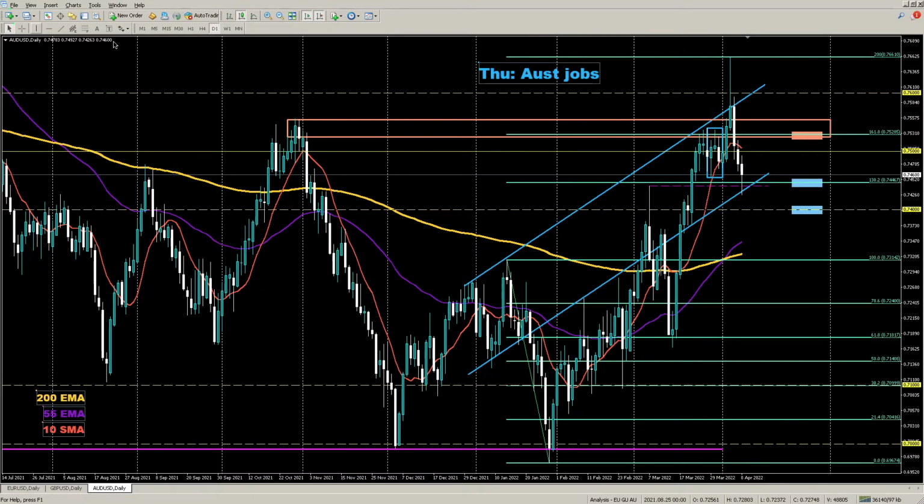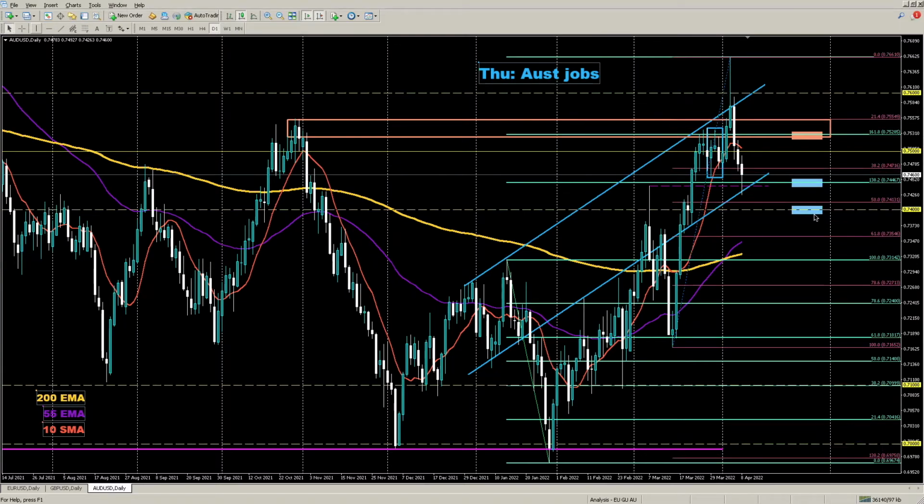And we can also just add this swing move to the fib and see where it can retrace back to.